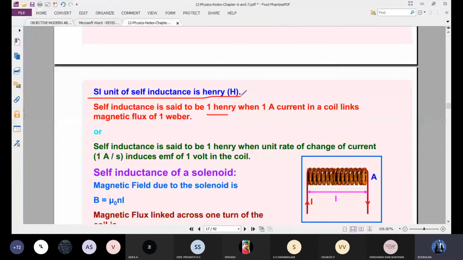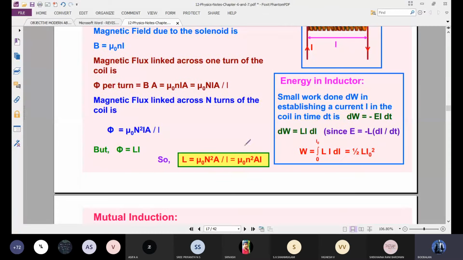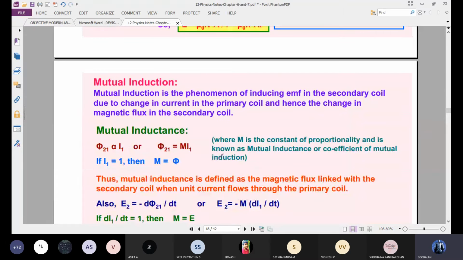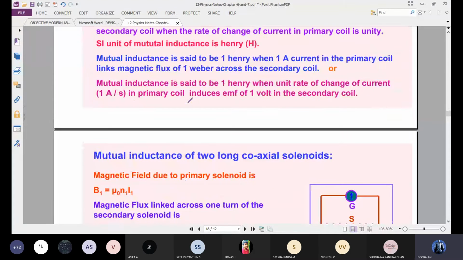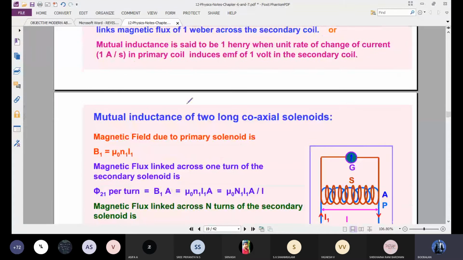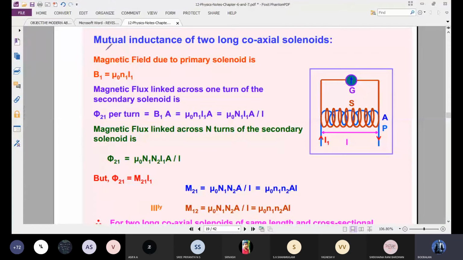So after we discuss the self-inductance of a solenoid, that L formula, the mutual inductance formula. Yes, one more: the mutual inductance of two long coaxial solenoids.